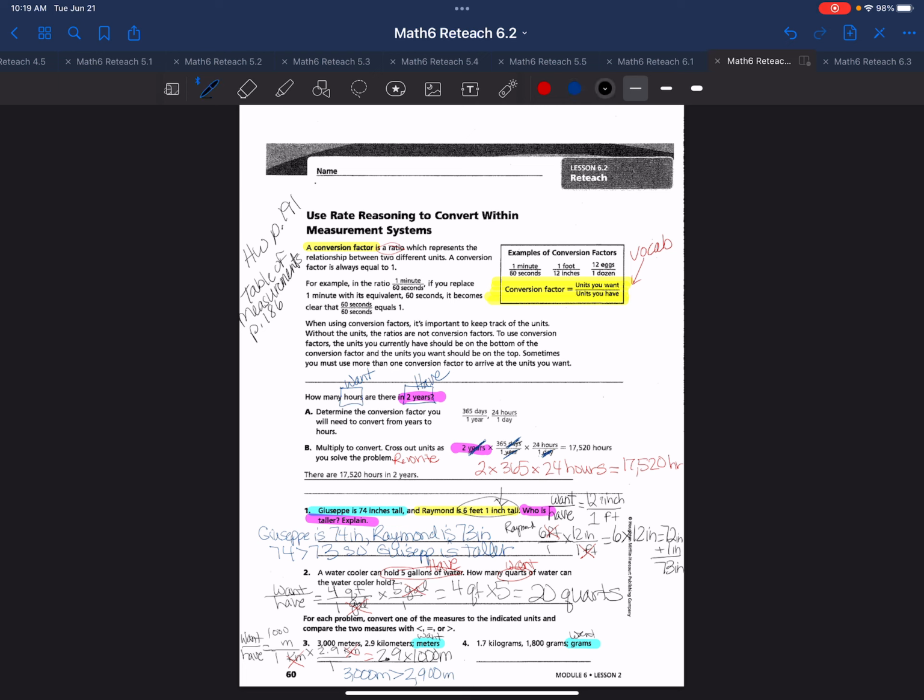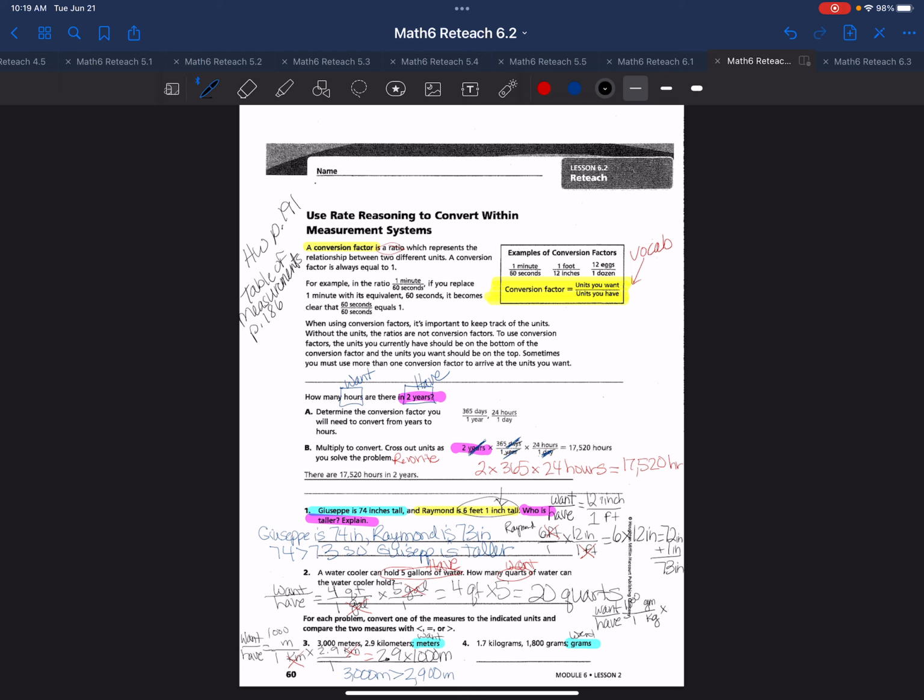Okay, let's do the next one. Again, we have to use our conversion of want over have. And I want grams, and I have kilograms. So I know that there's 1,000 grams in 1 kilogram.